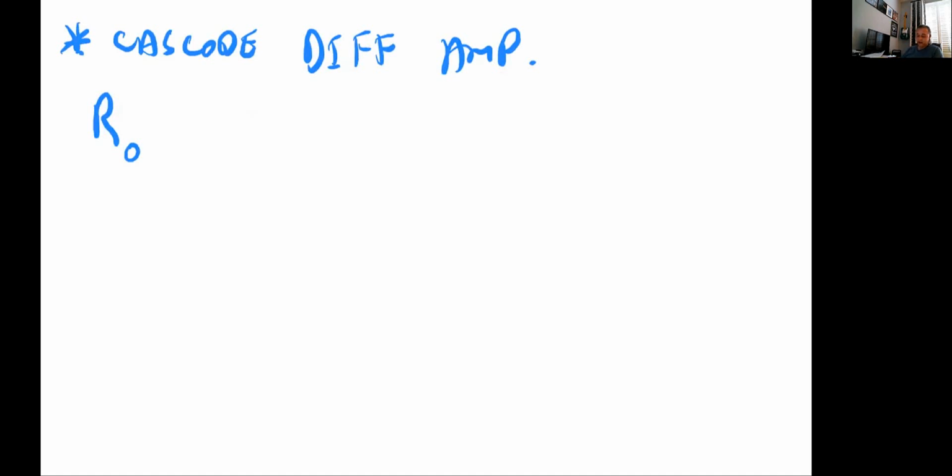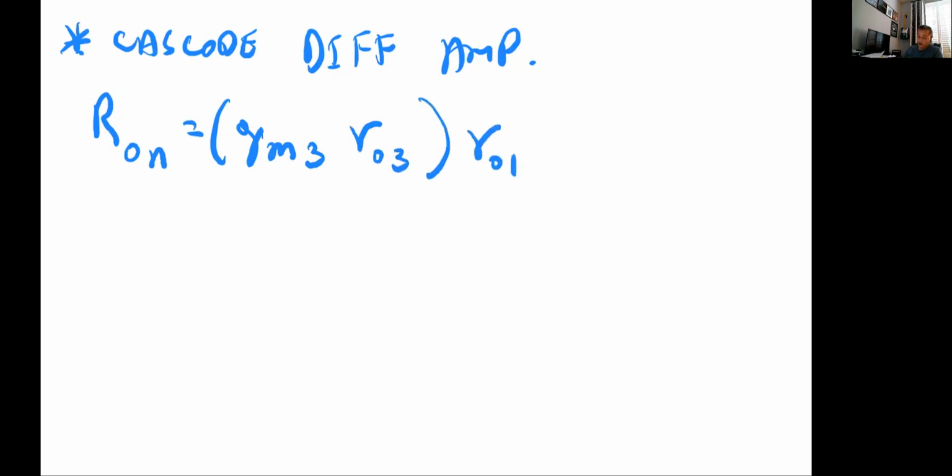We can define an output resistance due to the N channels, or the N network, and that's going to be very similar to the results that we got before: gm3 times ro3 times ro1.